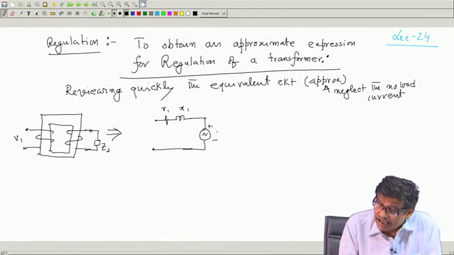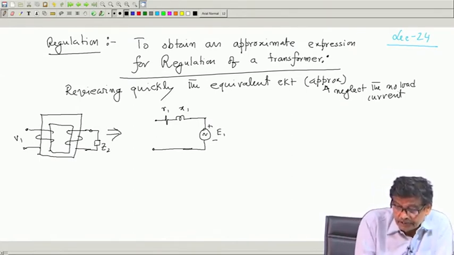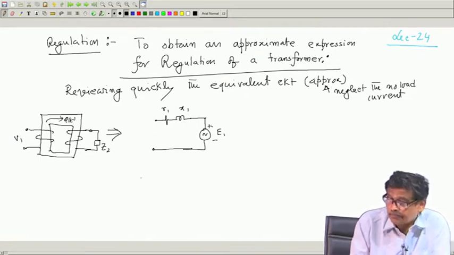So, this is E1, a source of EMF, as there is a time varying flux. Polarity I know, this is my V1.